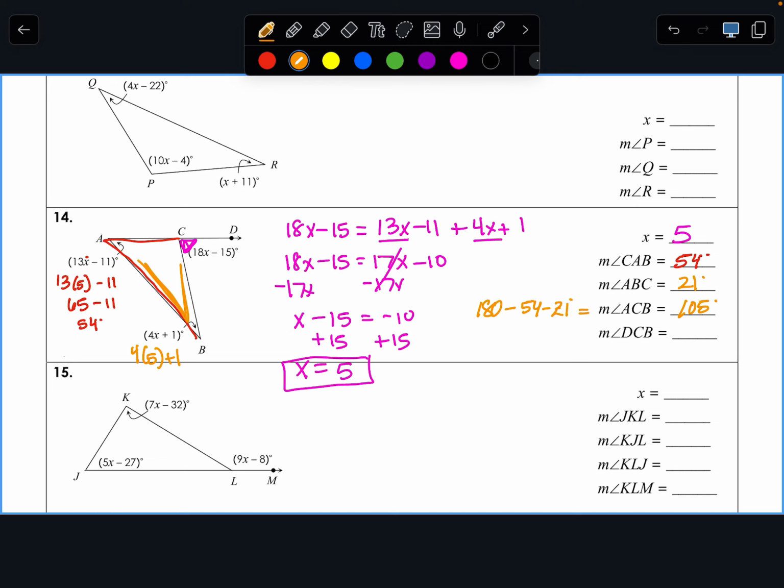Now you can find the last one 3 different ways. I can say that this angle equals these two. I can say that this angle and this angle have to equal 180, or I can just substitute with 5. It doesn't matter which way. I just want to know which one you chose. So I can say that DCB is 18 times 5 minus 15. I can say that DCB equals 54 plus 21.